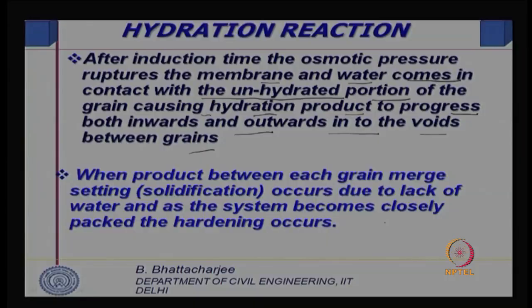When the products between each grain merge, they will touch each other and form a solid skeleton, or what we call setting would occur. Diagrammatically we will explain this again.